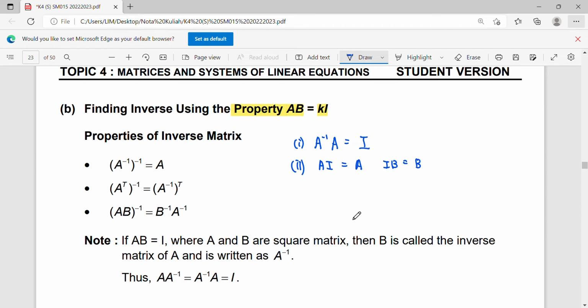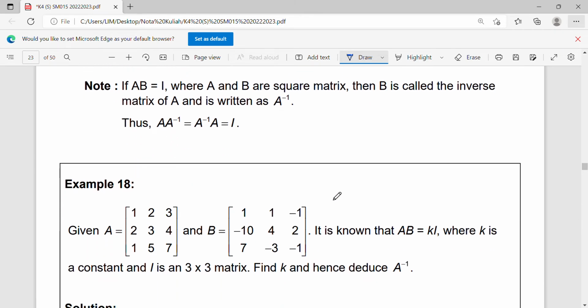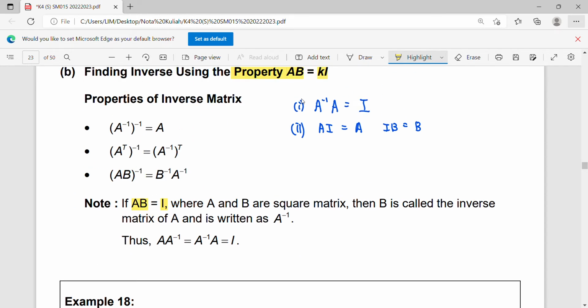So let's see this example. Note here, if we get A times B, you get identity. Just now I mentioned A inverse times A gives identity, right? But if you have two different matrices, you do the multiplication, and you get identity, it means that A and B are inverses of each other.